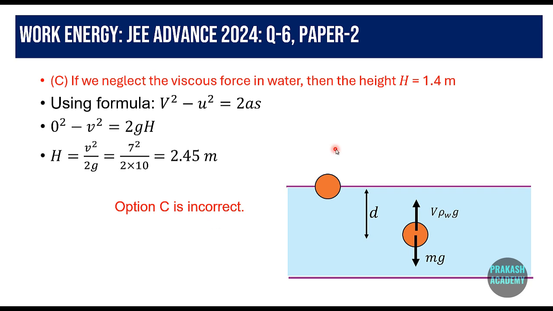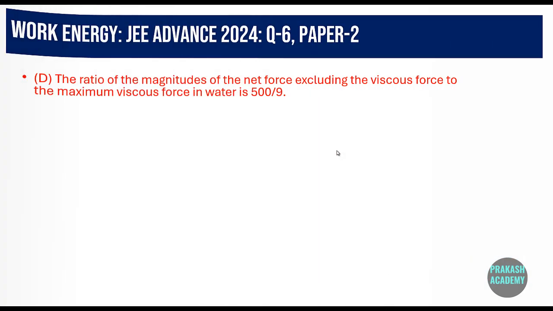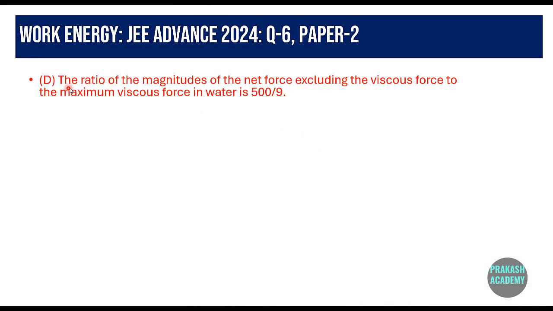Now let us look at option D. This option says the ratio of the magnitudes of the net force excluding the viscous force to the maximum viscous force in water is 500 divided by 9. So we have to find the net force without the viscous force, then find the maximum viscous force, and then take the ratio.